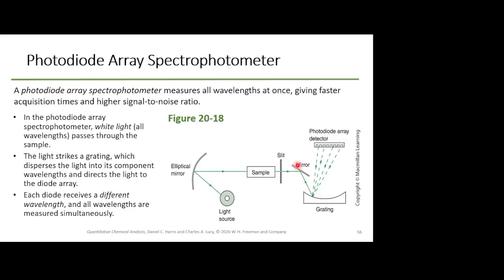Now, instead of selecting with the mirror or the grating, where you're moving this grating or mirror and doing one at a time, you instead have this photodiode array detector here. And so you just trigger it on all of them. And depending on which one it's hitting, that's going to be your different frequencies that are being selected for by your grating, right? Can you guys see that okay?